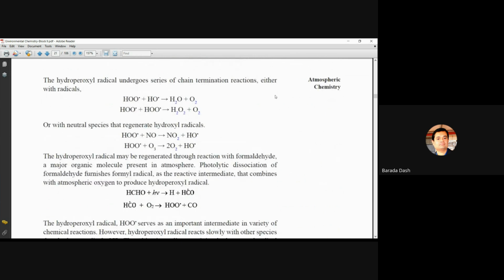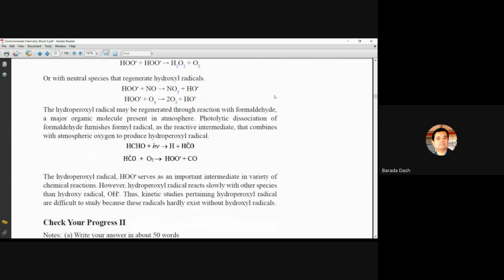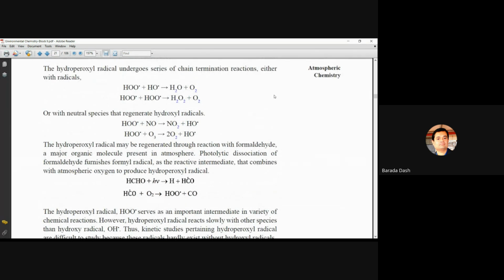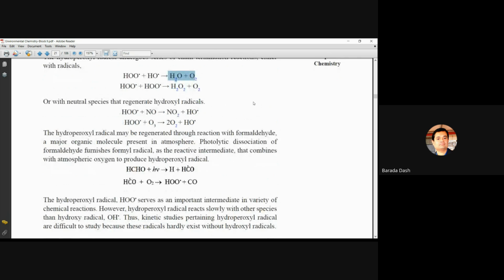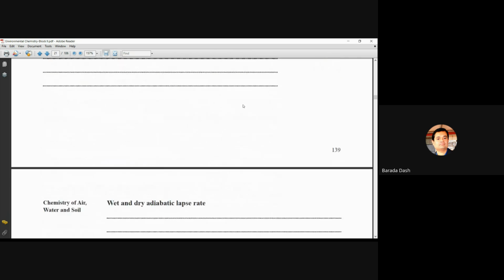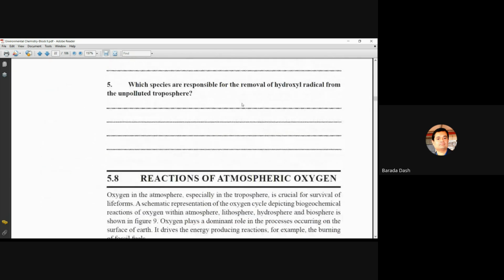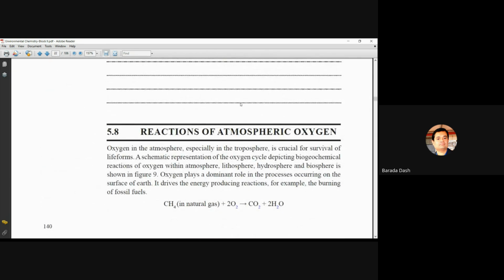So this is how hydroxyl radical can be controlled or can react with another species, and a water molecule is produced. If water is produced, that means the hydroxyl radical is terminated. With this, we saw how many different species are there, how different species like hydroxyl radical are produced, and how they control different photochemical reactions in the atmosphere.